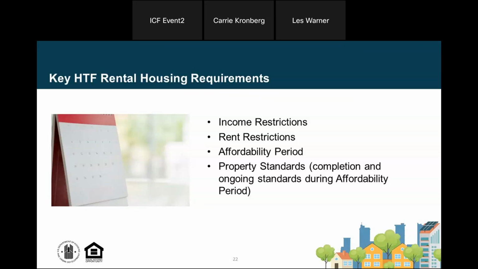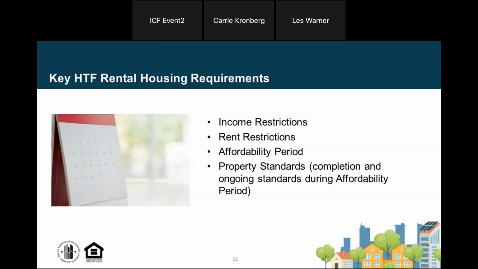To be able to enforce that, states are going to be enforcing via a recordation, and that's usually a land covenant or a deed restriction that's going to remain in force throughout that affordability period. If that affordability period is terminated prior to completion, that Housing Trust Fund grantee is responsible to repay that investment.